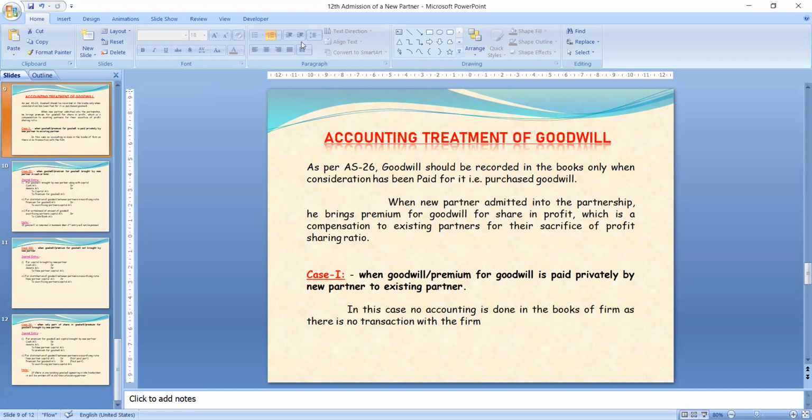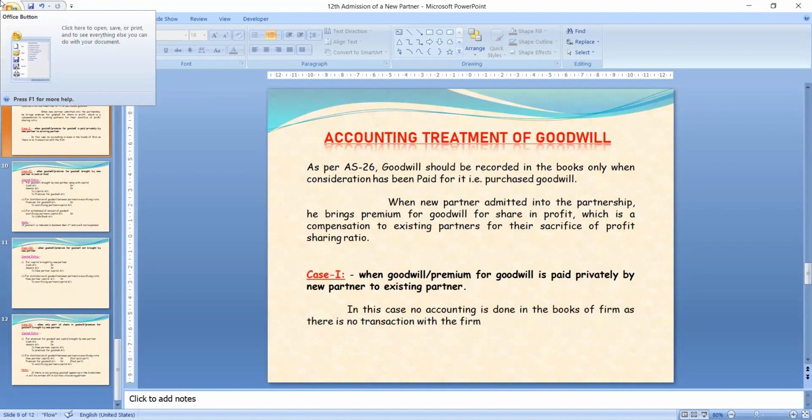Case 1, when a goodwill or a premium for goodwill is paid privately by a new partner to existing partners. In this case, no accounting is done in the books of the firm, as there is no transaction. Not required to read the case 1 part.